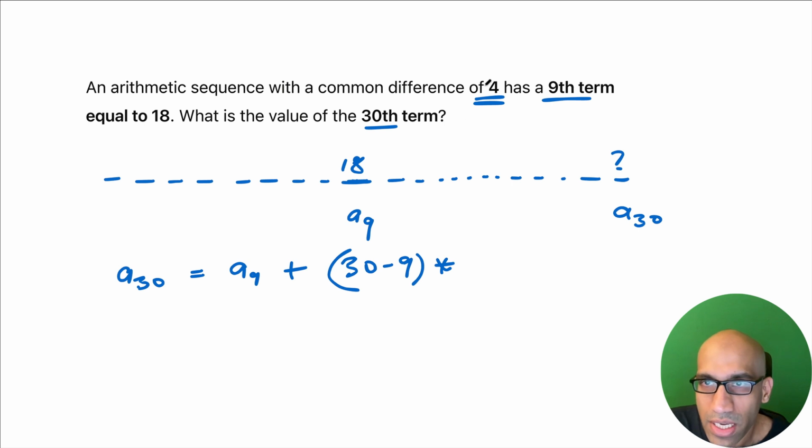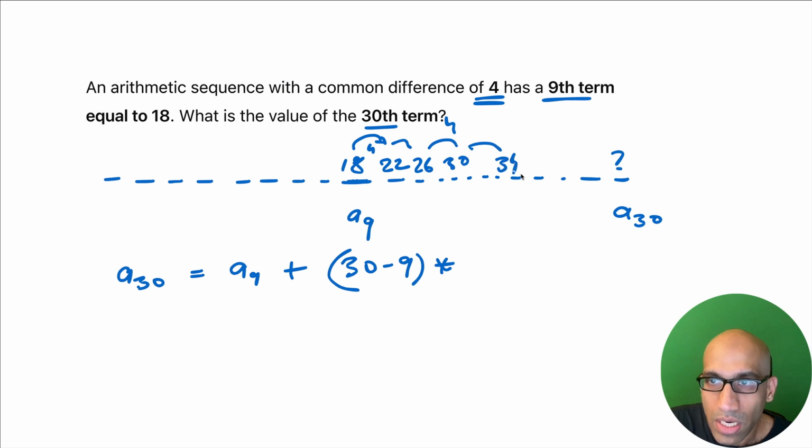See, the common difference is, you have 18, then the next number is 18 plus 4, it's 22. The next number is 26. The next number after that, plus 4. You keep adding 4 here all the time. 30 becomes 34, and so on and so forth. Of course, you can keep adding this way, but the better way to do this is to use this formula. So 30 minus 9 times 4.